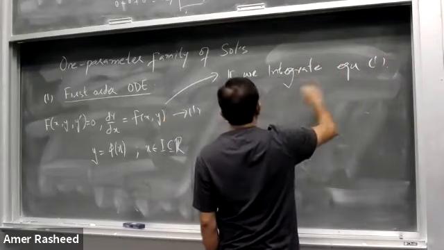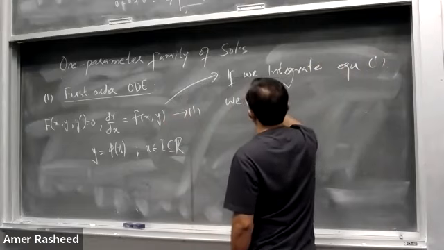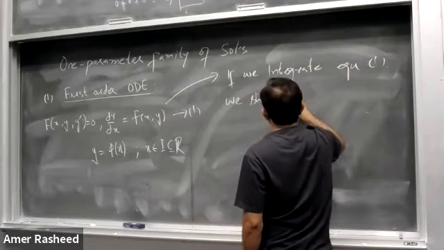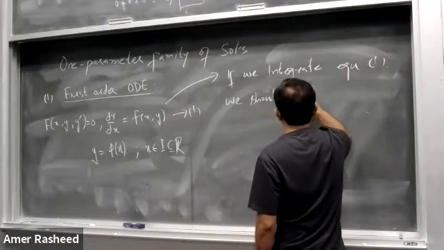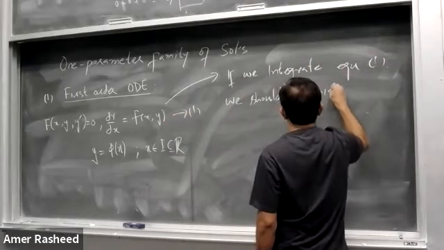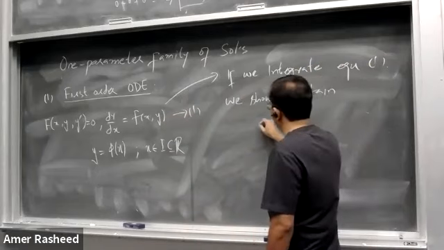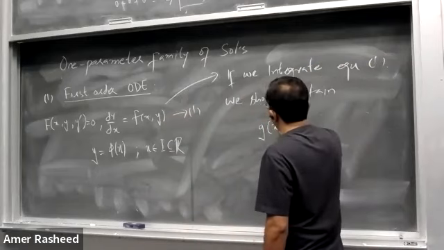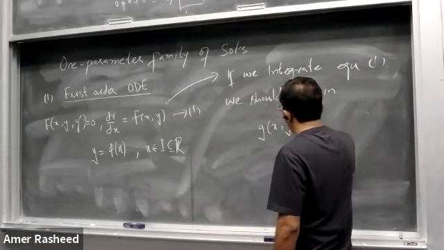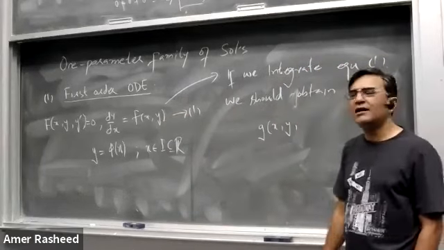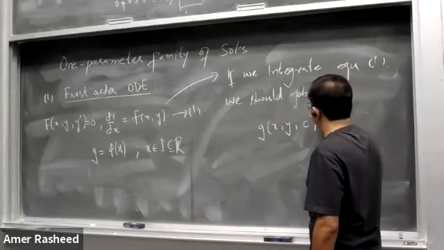If we integrate equation 1, we should get, or we must get, we should obtain some kind of expression g of x, y, comma, some constant.